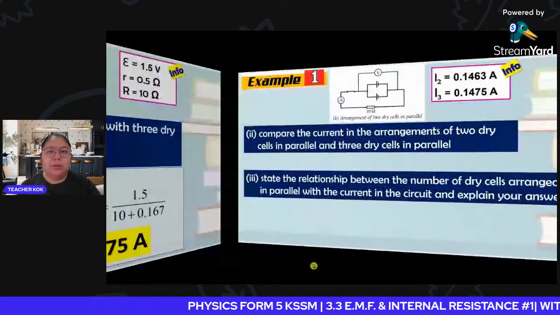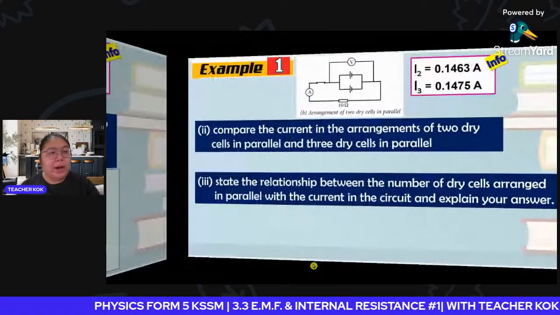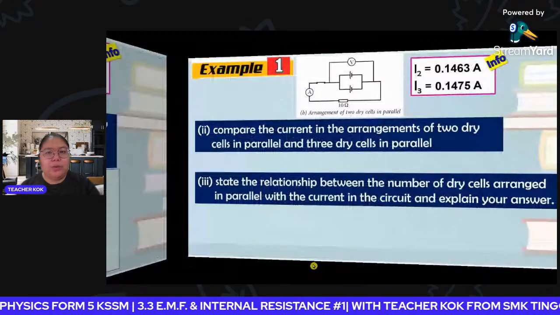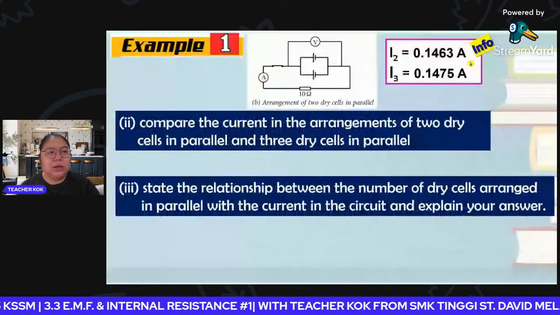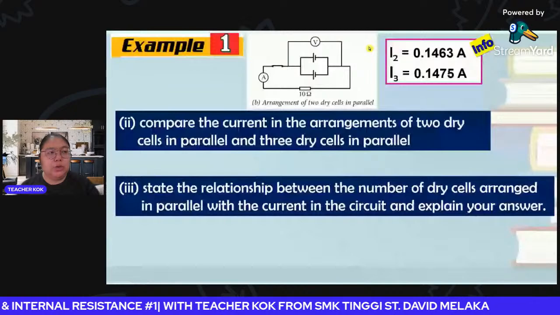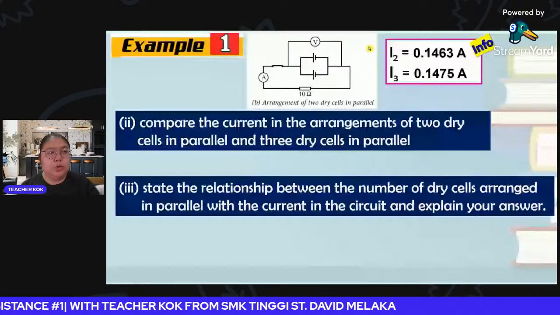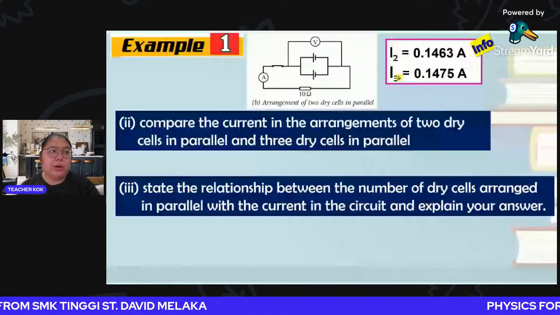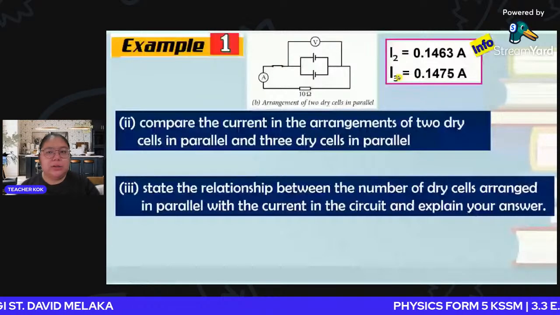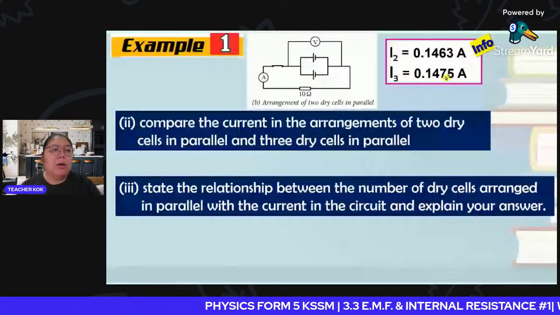Okay, now the next one, we jot down the reading. I2 means the circuit with only two batteries in parallel. I3 is three batteries in parallel. Okay, we got 0.1475. Now we need to compare. Okay, Sharon also correct.